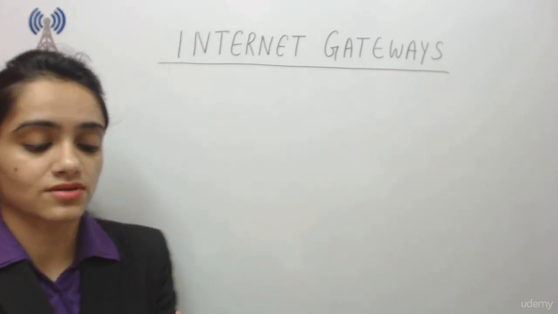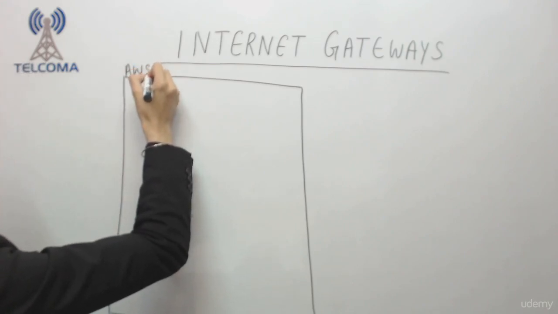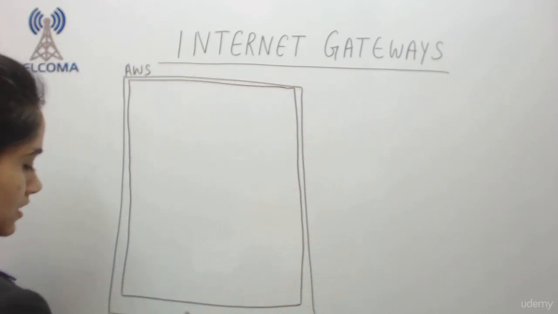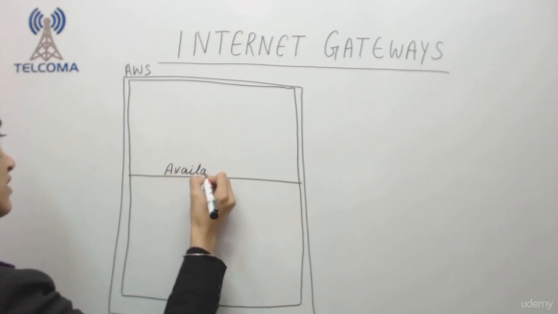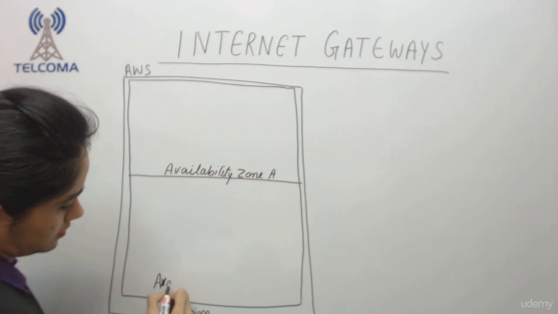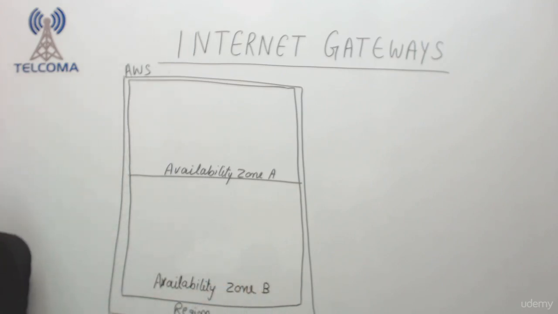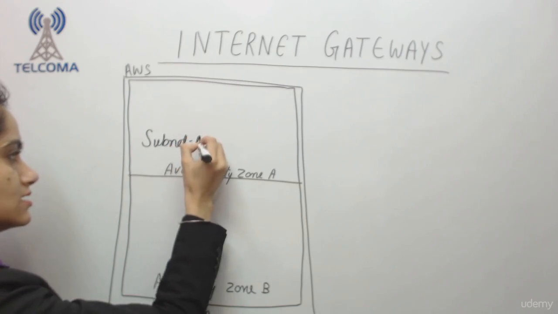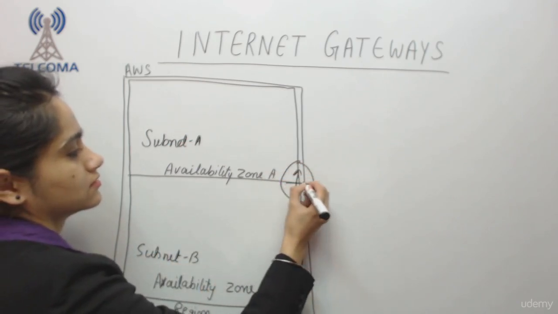And then suppose that we have Amazon Web Services. Here in this, we have a region, availability zone A, and availability zone B. Now in this zone B, we have various subnets like subnet A, subnet B, and between them a router.